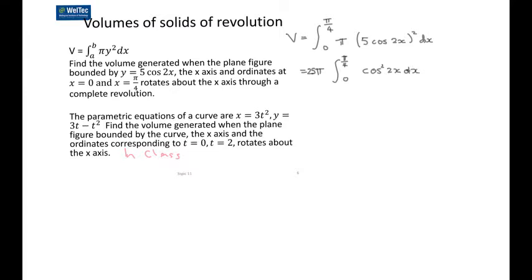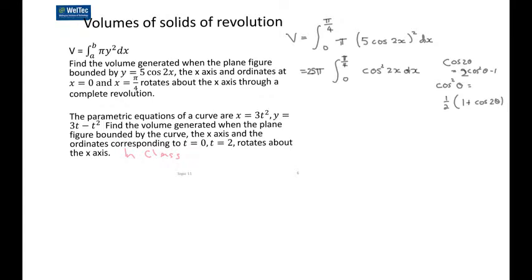And remember that cos 2 theta is equal to 2 cos squared theta minus 1. And you also remember that cos squared theta is equal to a half 1 plus cos 2 theta.